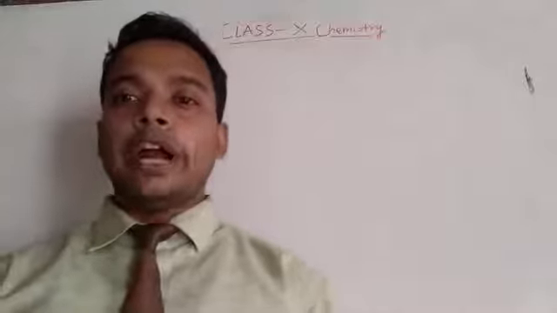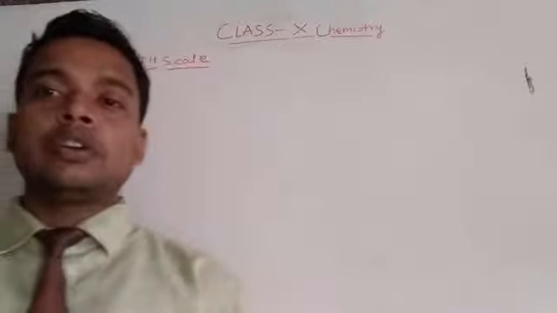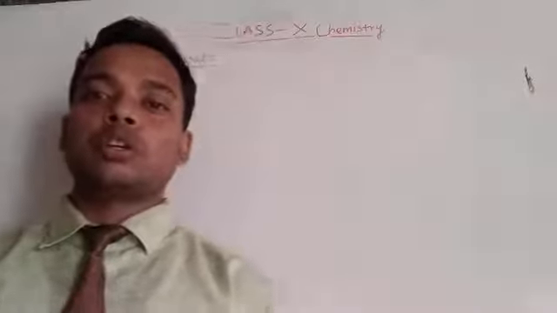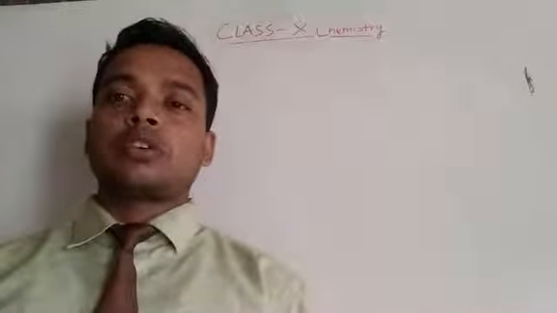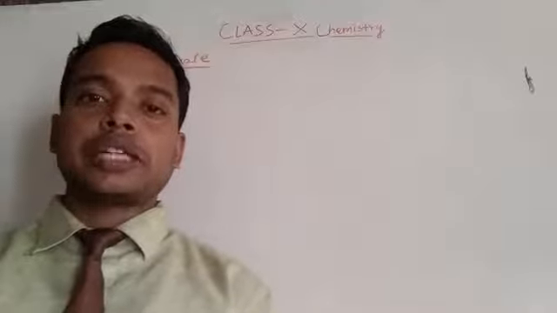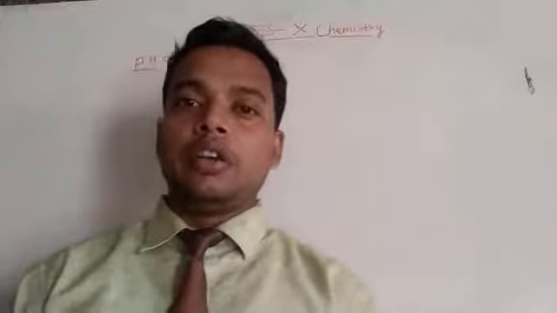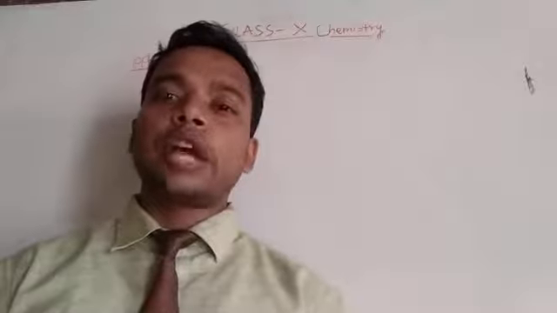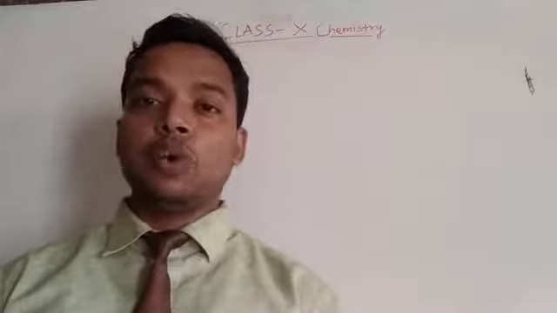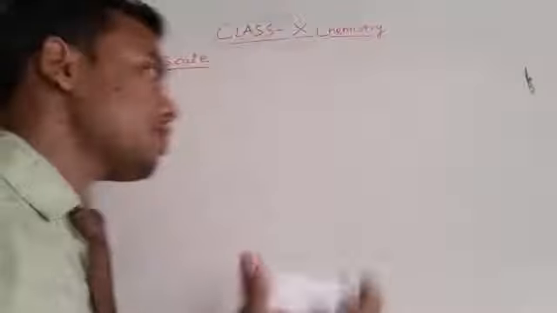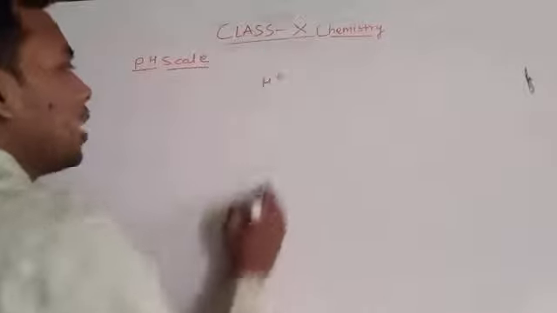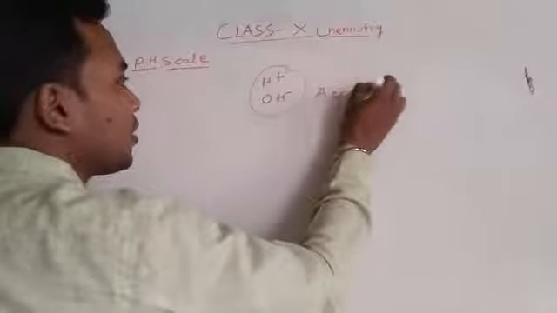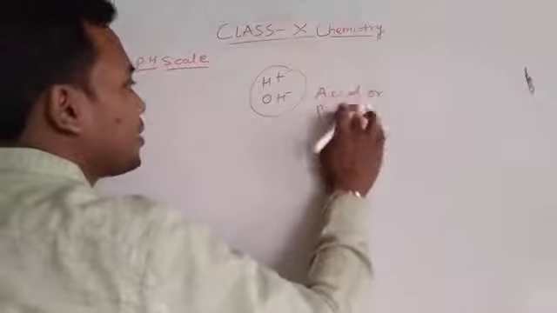So when we add acid into water or bases into water through dilution, it decreases the concentration of H plus ions and hydroxide ions. After that, can we identify how much H plus ion and OH minus ion is present in an acid or base?